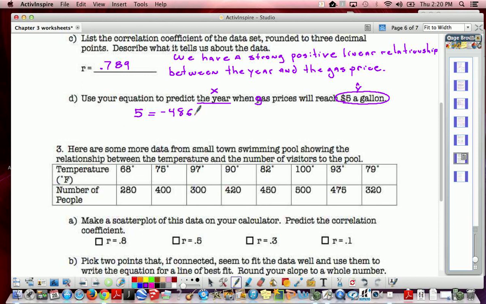So negative 486.4171 plus 0.2436x. Here I'm going to add 486.4171 to both sides.